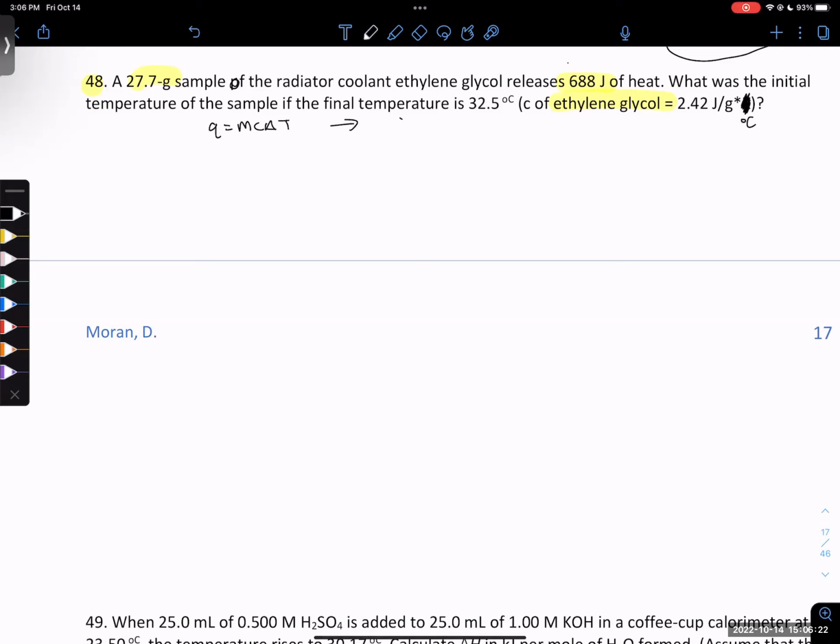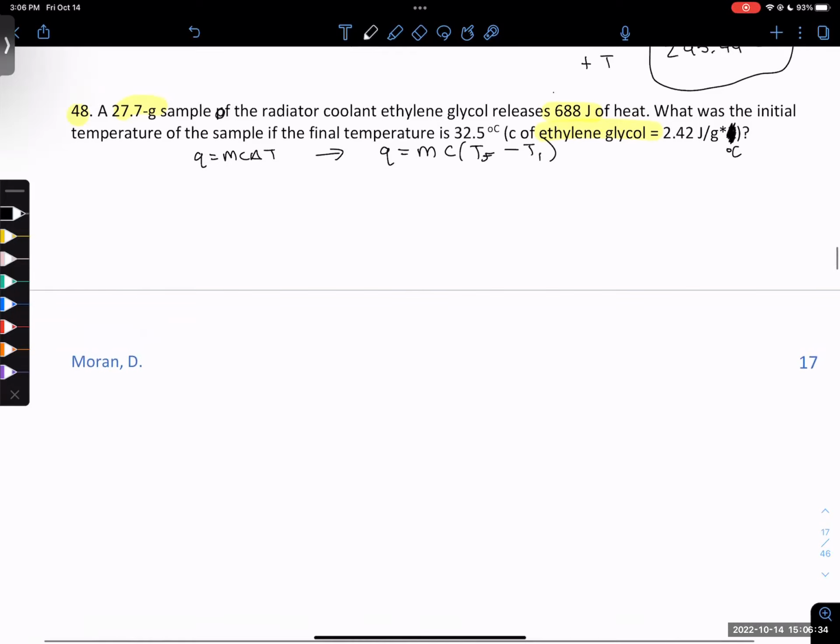We can say that Q is equal to MC times the final temperature minus the initial temperature, right? I'm just gonna solve it this way rather than the previous time where we solved for delta T, and we can plug in everything we have. If you isolate that, it'll be Q over MC is equal to T final minus T initial.